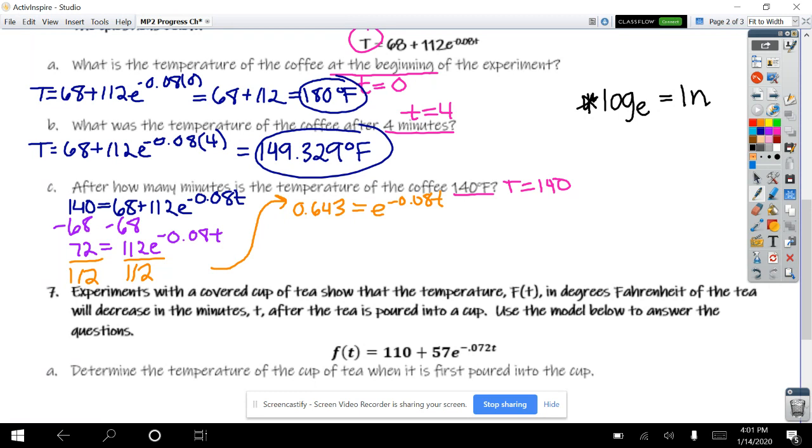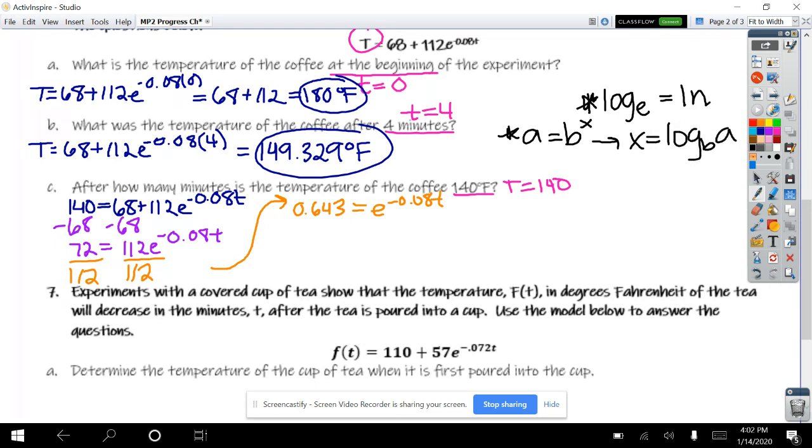Another thing you need to remember is that when I have a number equal to a base with an exponent, like this, so I have a number equal to the base e to this exponent, that is the same as saying the exponent is equal to log base b of a.